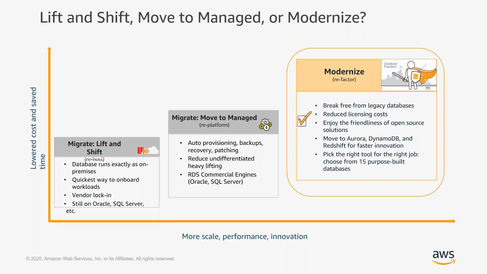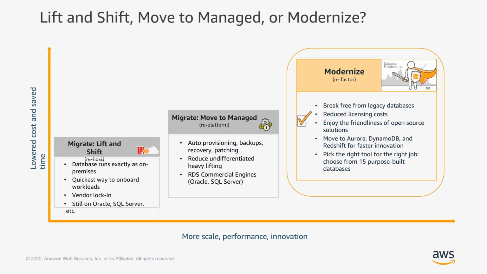So our customers can choose a very much sort of a lift and shift option where they effectively are running their existing databases as they stand today on premise, and they're running it on the AWS cloud, right? We refer to that as rehosting or lift and shift. You're not really breaking free from your legacy databases, but you're using the AWS platform from an EC2 perspective to run those databases as they were running on-prem.